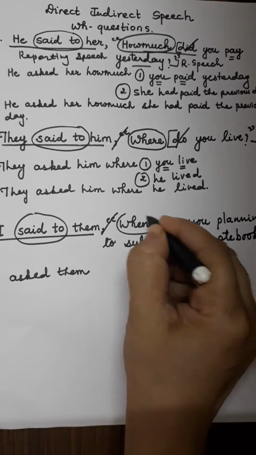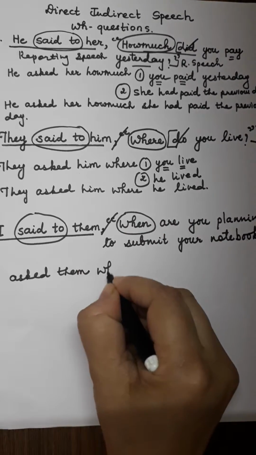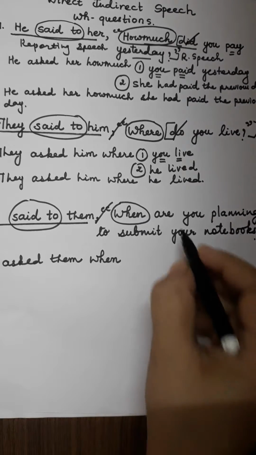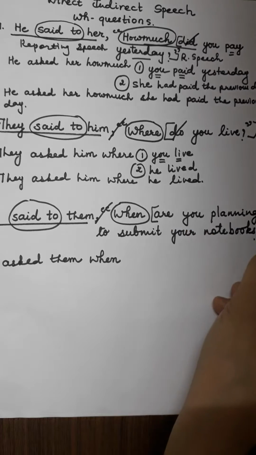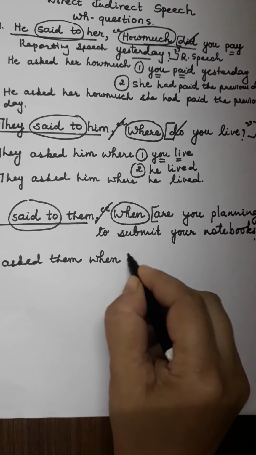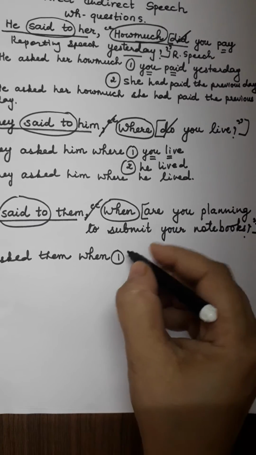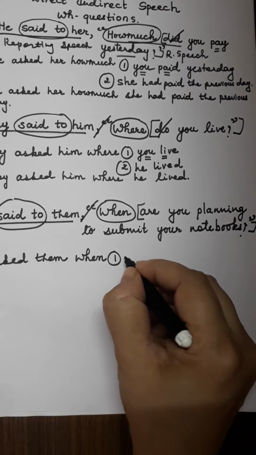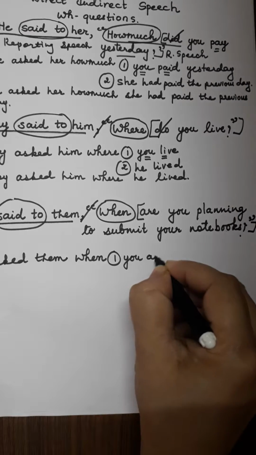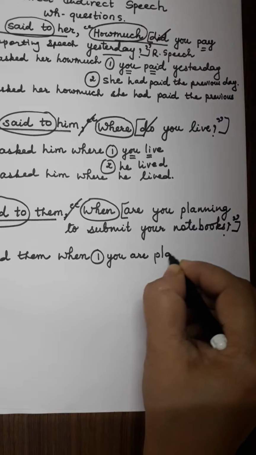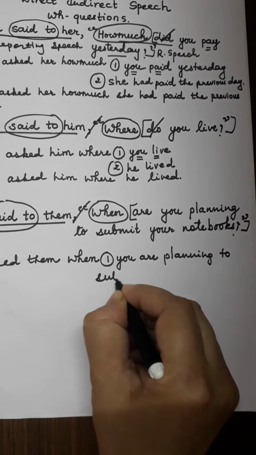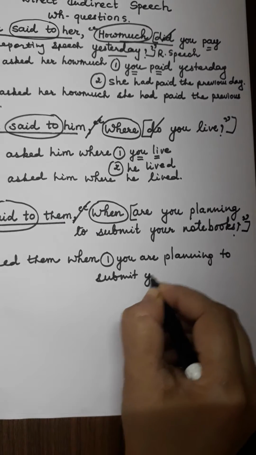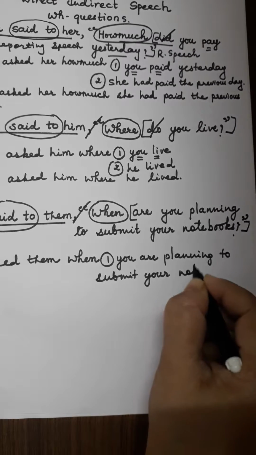Use the same question word. We are having when, so join it with when. Are you planning to submit your notebooks? This is the structure of a question. So first we need to convert it into an assertive sentence. So you are planning to submit your notebooks.